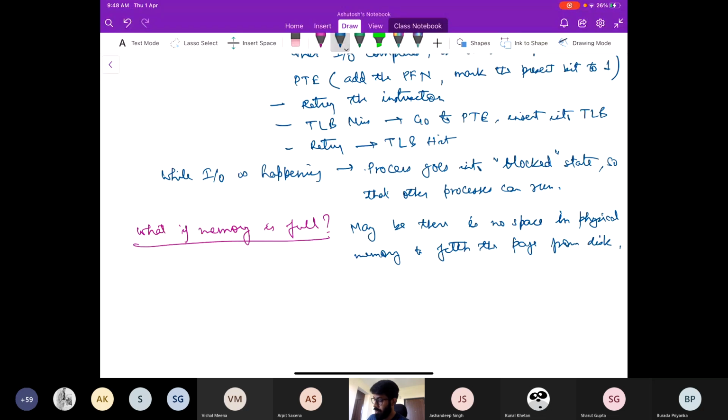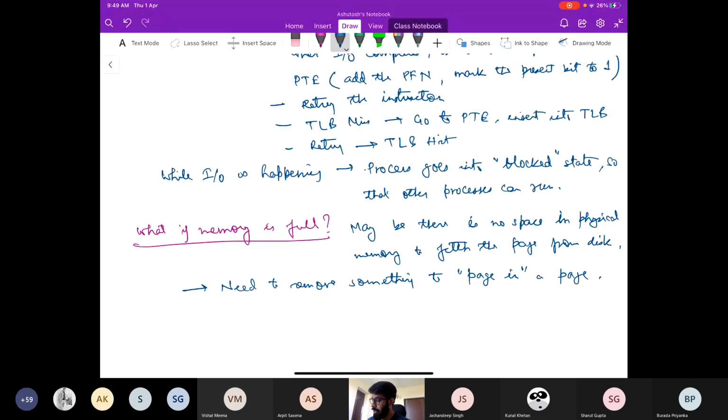So what does that mean? That we need to remove something to page in a page. Bringing back a page from disk to physical memory is called paging in.